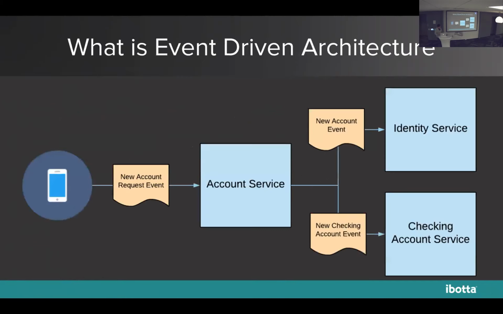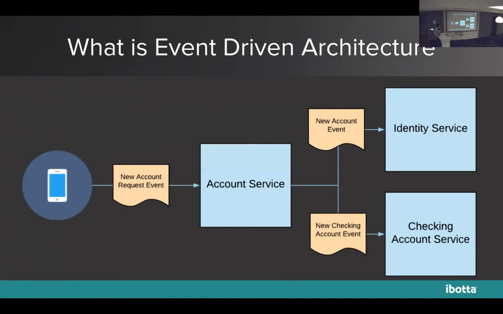So let's take an example. This is a mobile banking example, right? This is a user that has just created a new account and maybe just created a new checking account as well. An event-driven system might look something like this, where a new account request event gets emitted from the mobile phone itself. It goes to the account service, and the account service might create 2 events based on that.